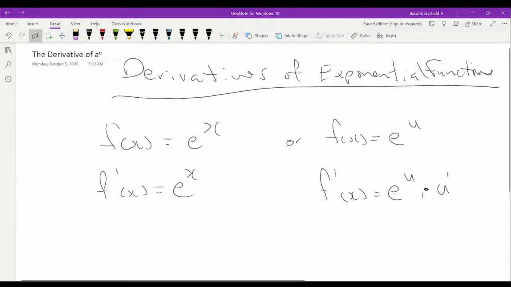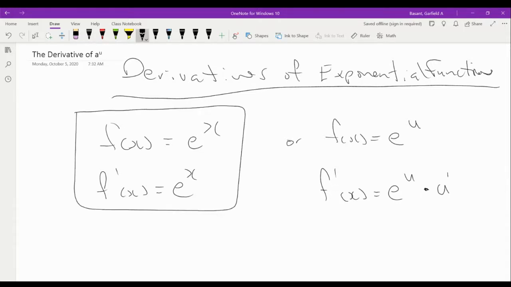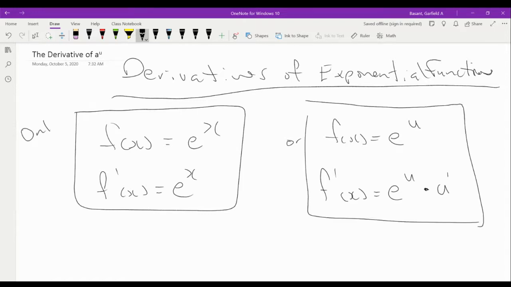Do you guys remember that? Now these two rules work only for a base of e.